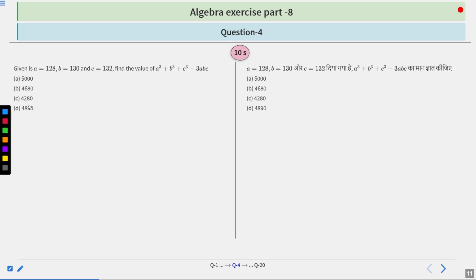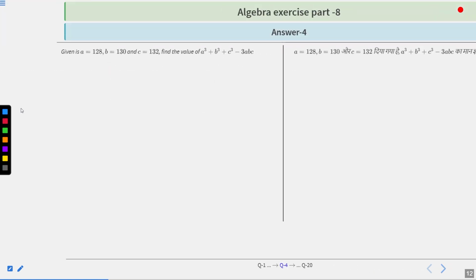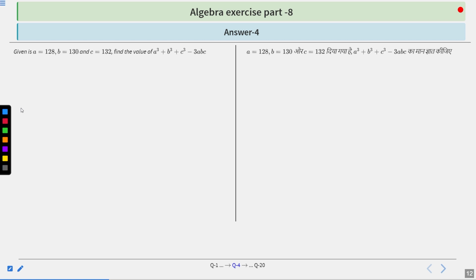These are the options. Now, values of a, b, and c were given to us, and we have to find the value of a³ + b³ + c³ − 3abc. That was the question. The answer to this question is option B, 4680.